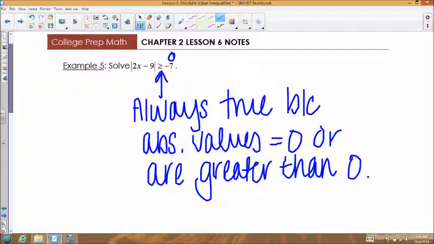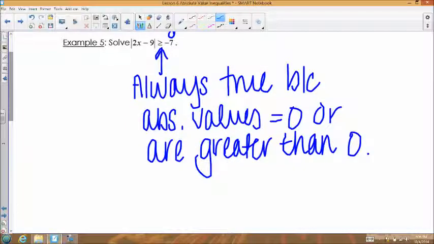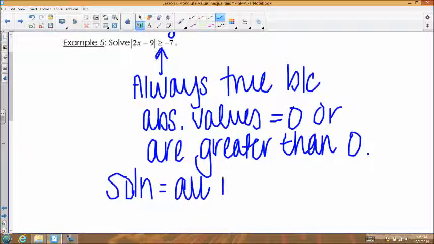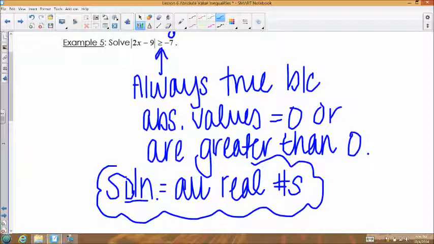You can never actually get a negative absolute value, so it's always bigger than it. So the solution for this one is just all real numbers. This is always the case.